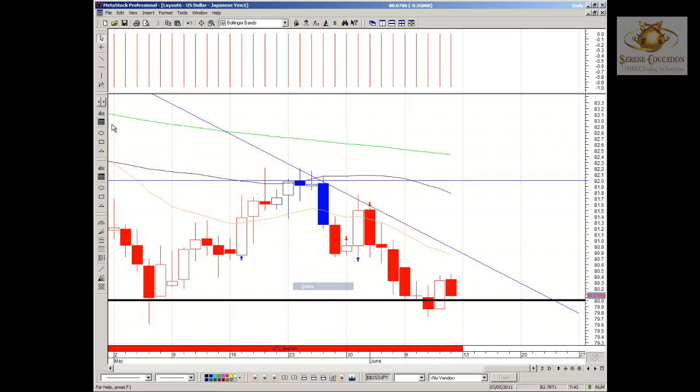I'll just use my horizontal line. You can definitely see a clear indication of support at roughly the 80.75 or 80.80 mark. That would be your first port of call, the 20 period moving average, in fact.